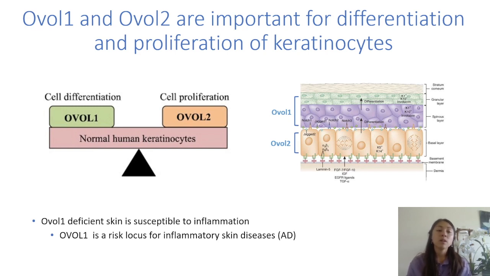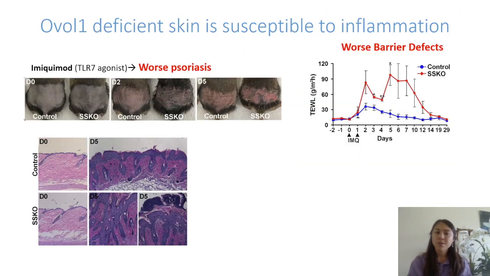And what our lab is currently showing is that when you lose OVL1 in the skin, this actually creates a susceptibility to inflammation. And in atopic dermatitis, OVL1 is actually a risk locus for skin disease. And so, as I mentioned before, when you lose OVL1, you can actually get a worsened or exacerbated inflammation.